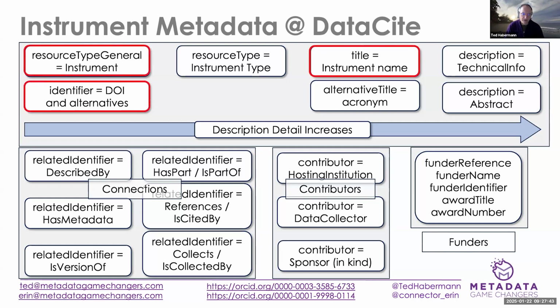I showed in the metadata content slide the elements that are mandatory. They're shown here in red. So of all these things that you can put in the metadata to be useful, only 3 of them are mandatory. And if we think about DataCite as a way to get a DOI quickly and easily, generally we only have the mandatory elements.